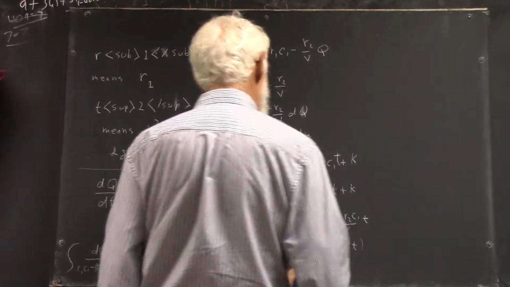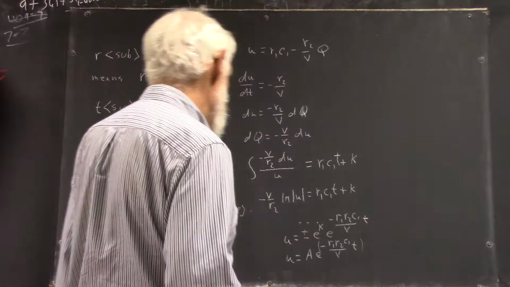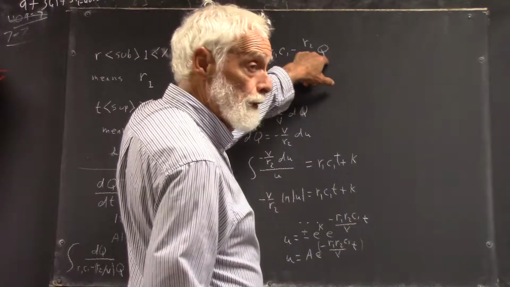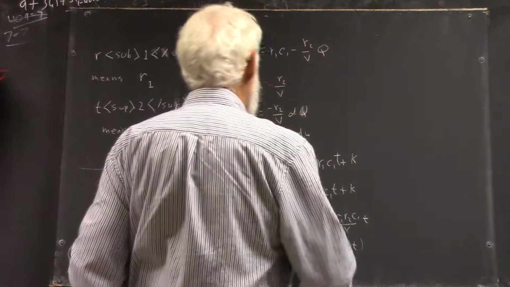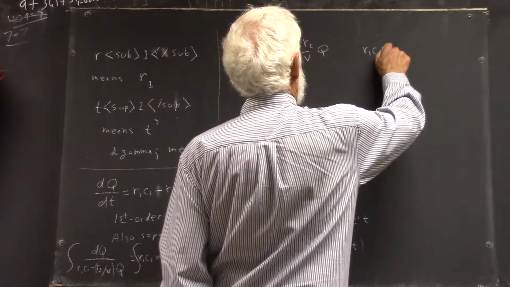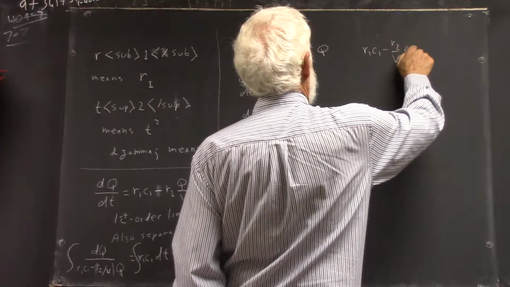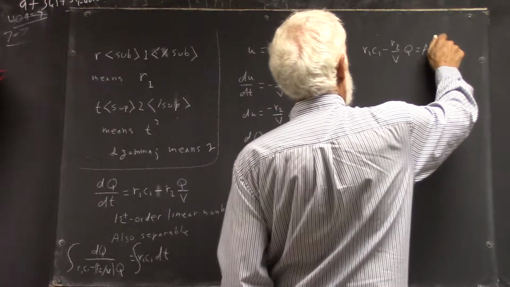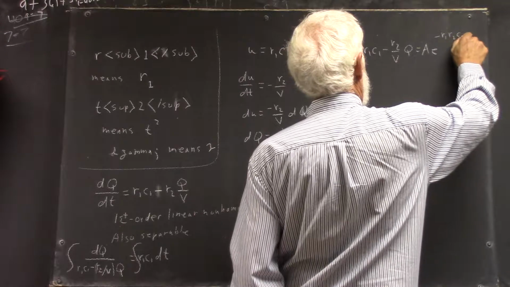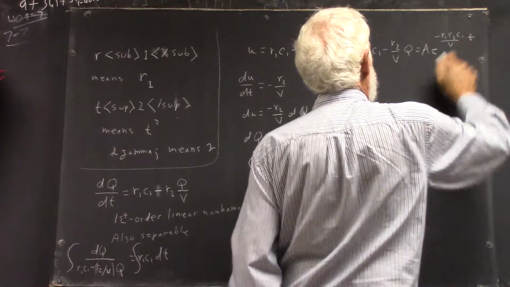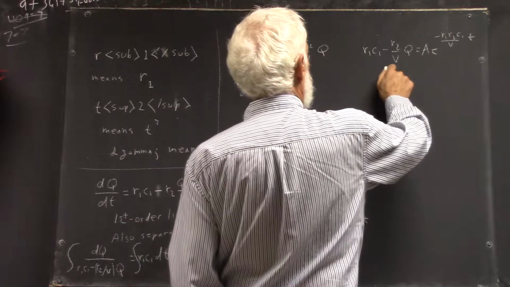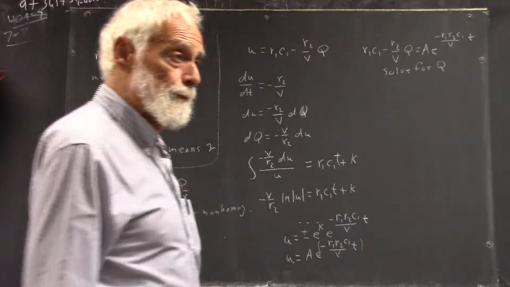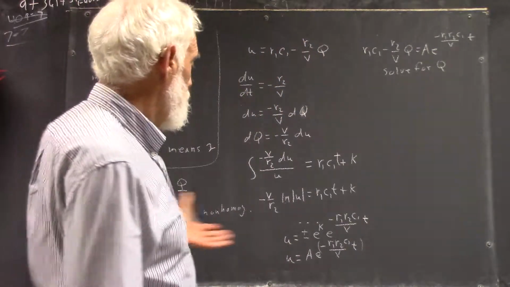That's all exponent there. Okay? And of course U then is R1C1 minus R2 over V Q, right? And you can solve for Q. That's very straightforward.